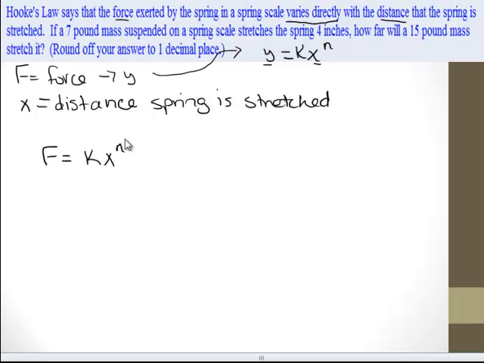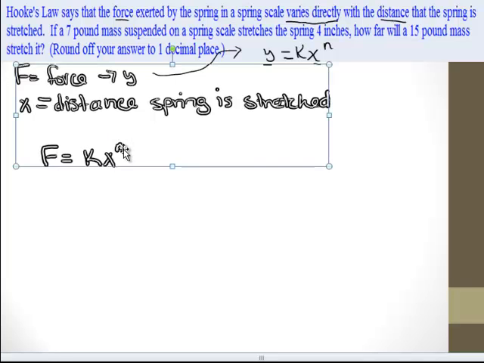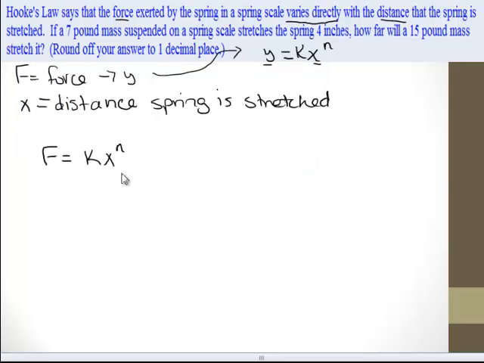So I think maybe we don't need this little variable right here. Here we go, let's get rid of that. It just says it varies directly with the distance. It didn't say the square of the distance or the cube of the distance, so we don't have any exponent on this x.